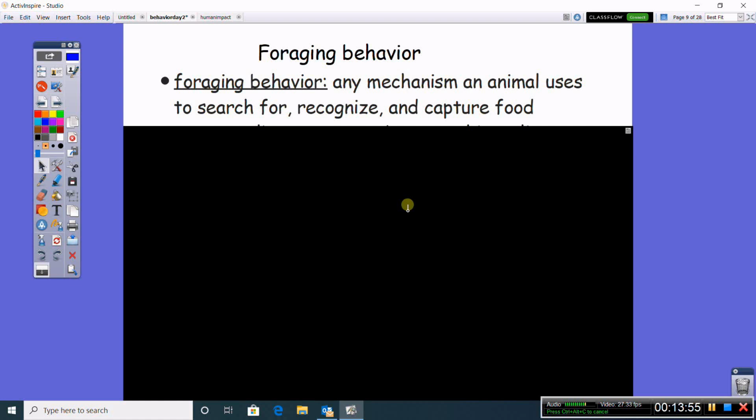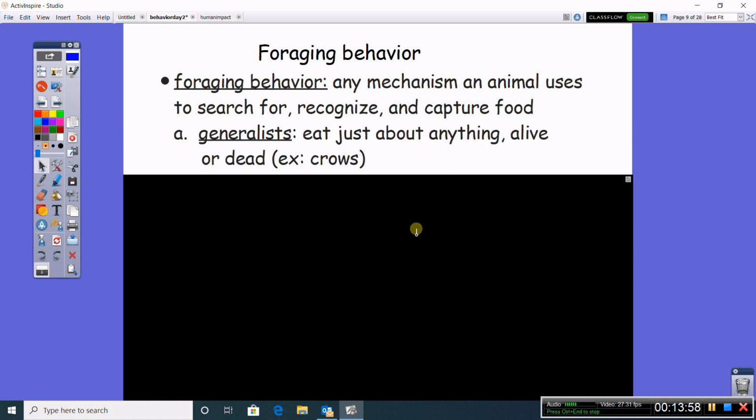You're foraging if you're looking for food. Then we can split our foragers into a couple of different categories. We can call them generalists. If an animal is a generalist, that means it eats just about anything, whether it's alive or dead. So crows would be an example of that.